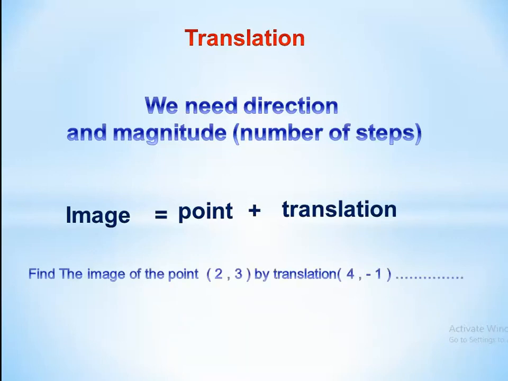Like if I told you to find the image of point (2, 3) by translation (4, -1). So we know point plus translation. So 2 plus 4 equals 6 and 3 plus negative 1 equals 2. The image of (2, 3) by translation (4, -1) will be (6, 2).